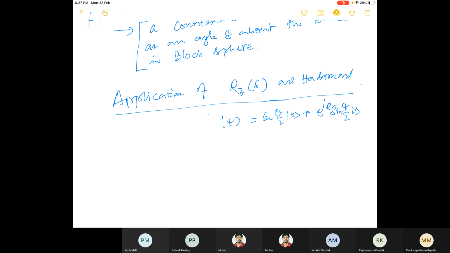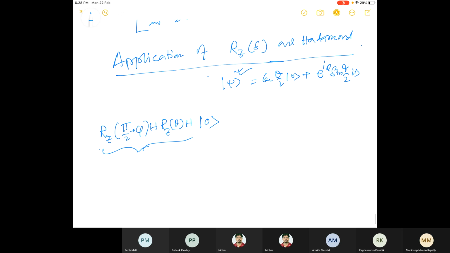And here is the answer. I can always create this state for any value of theta and phi from |0>, if my initial state is |0> and I take the gate as the following: RZ(pi/2 + phi) Hadamard RZ(theta) and then H. Basically, it is matrix multiplication, but it's a repeated application of these gates. So you have this |0> here as the input.